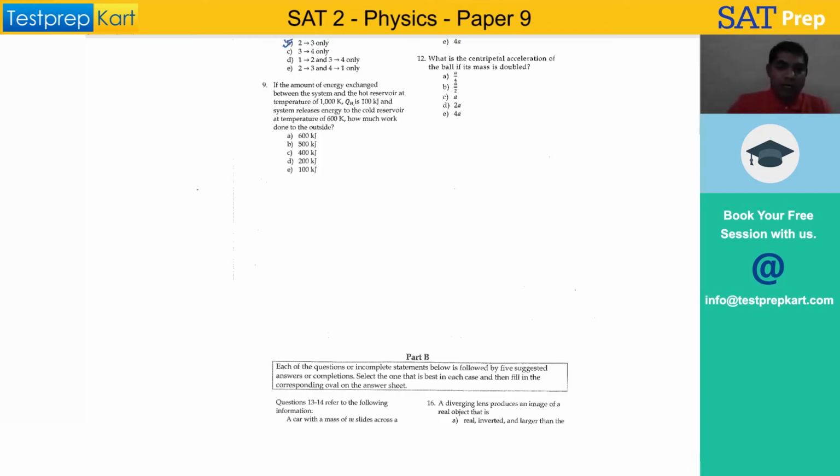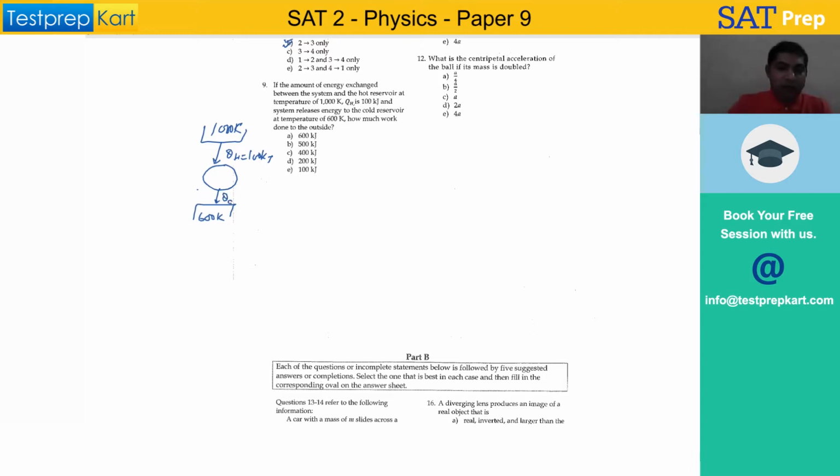So we will draw the system. There is one reservoir at 1000 Kelvin and it is providing energy QH equals 100 kilojoule to this system, and then the system interacts with a cold reservoir at 600 Kelvin. Suppose here the energy is QC.